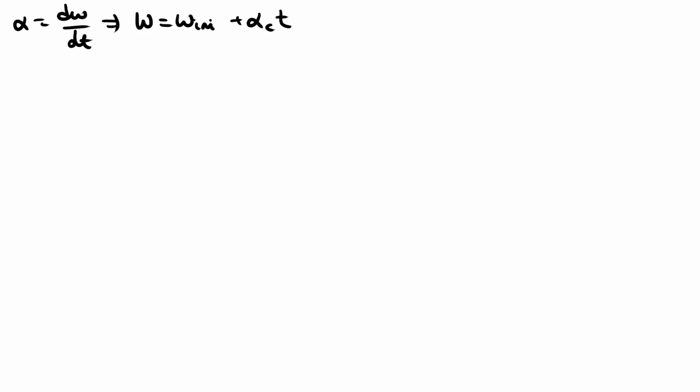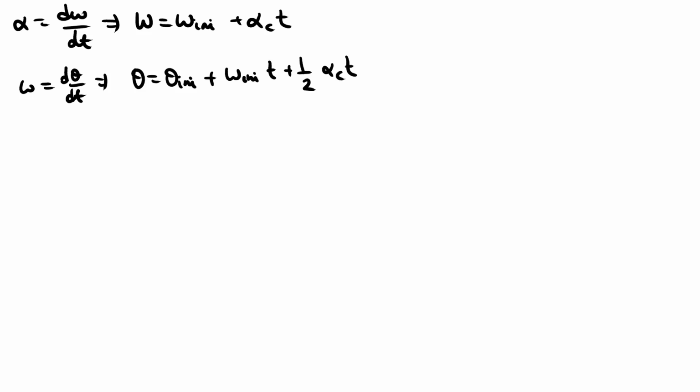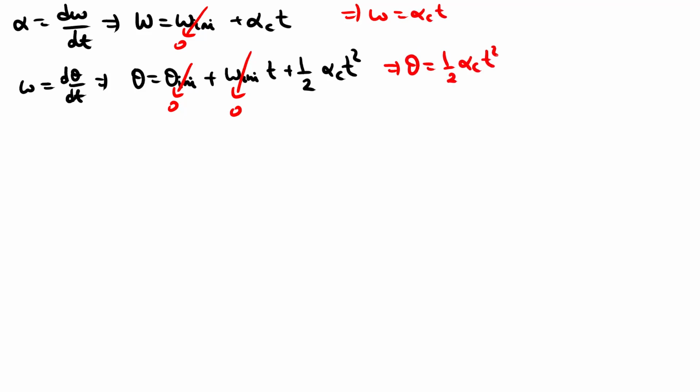Also omega is d theta by dt, and if you integrate it you get theta equals theta initial plus omega initial times t plus half alpha c times t squared. For this question the initial omega is 0, theta initial you can take as 0, so omega is alpha c times t, and theta is 1/2 alpha c times t squared.